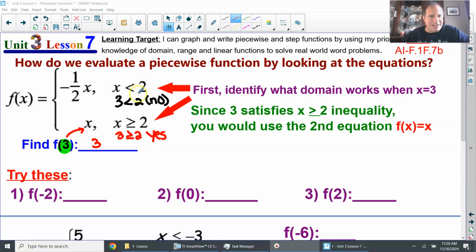Negative 2 is less than 2. So that is correct, and that means I have to use this one. So negative a half times negative 2 would be a positive 1.